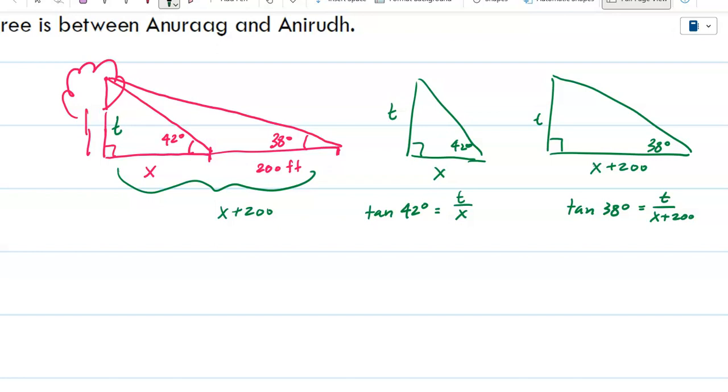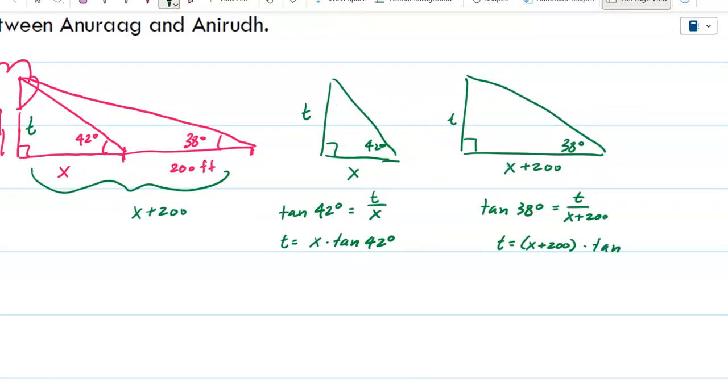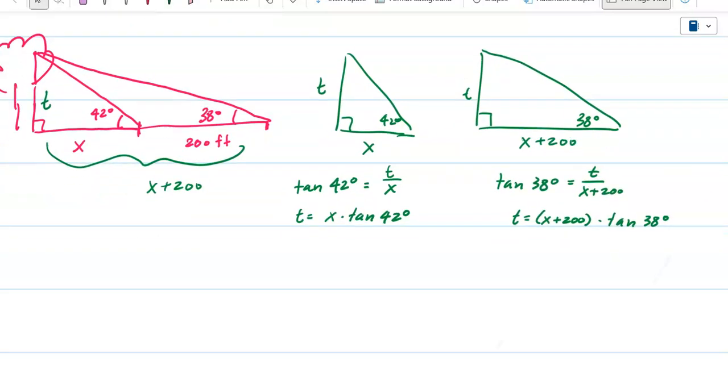Okay, and then you think to yourself, this is a systems of equations problem, and I need to eventually solve for t. Couldn't I solve for t in both? Let's go ahead and solve for t in both of these. So t equals x times tangent of 42 degrees, and t equals x plus 200, all of that times tangent of 38 degrees.